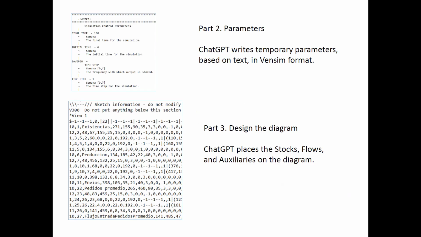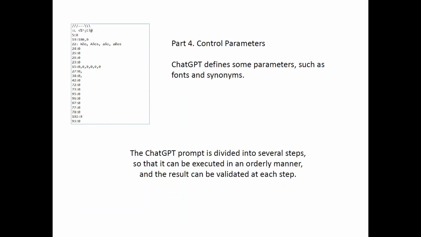The third part of an MDL file contains the diagram design. In this stock and flow diagram, ChatGPT places the stocks, flows, and auxiliary variables within the surface of the diagram on the screen, so that they do not come together too much, overlap, etc. Finally, the last part of an MDL file has some parameters such as the font to be used in the diagram, some synonyms, etc. And ChatGPT incorporates this into this last part of the file.